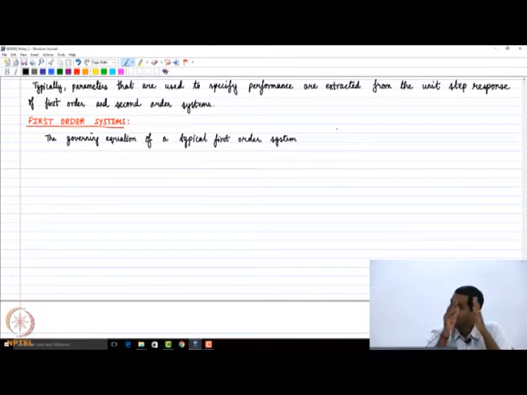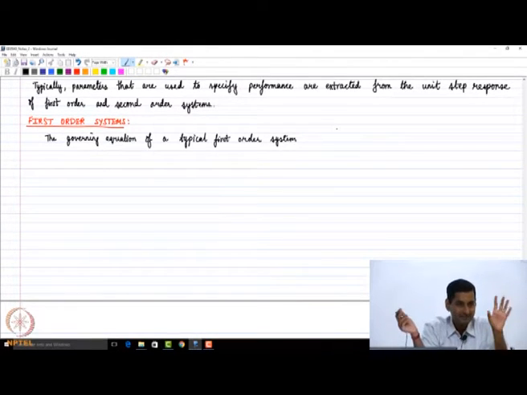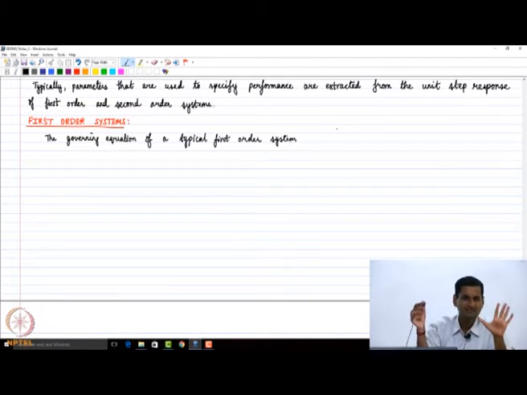The plant for them is a process. If you look at references written by chemical engineers, they will say it's a first order process. So please don't get confused. It's the same thing. For us, we are looking at systems, so we are using the term system. They may use the term process. That's the only difference.